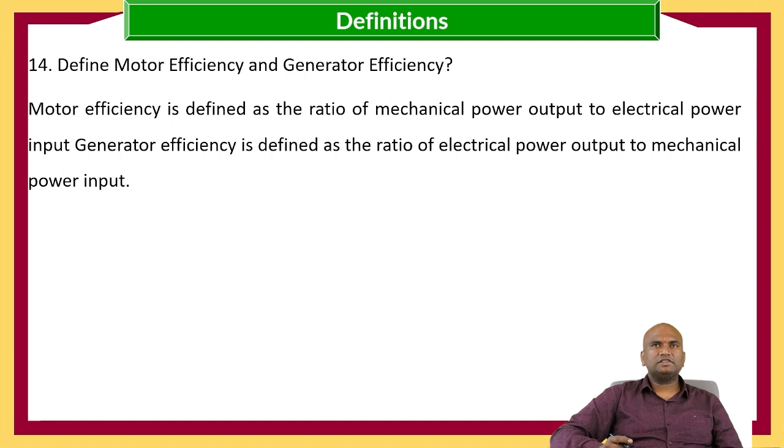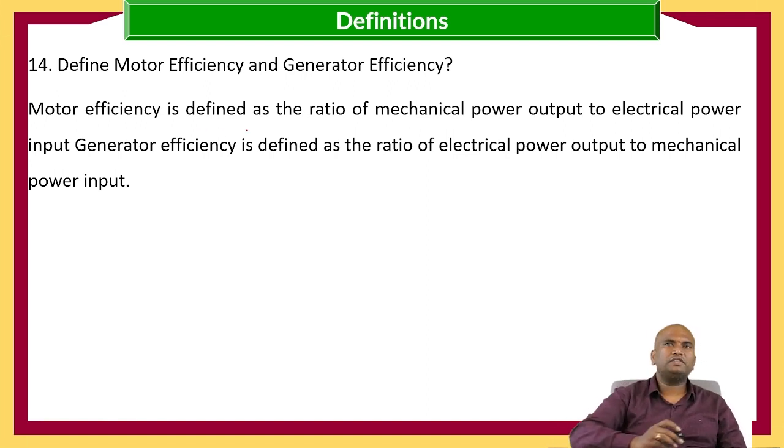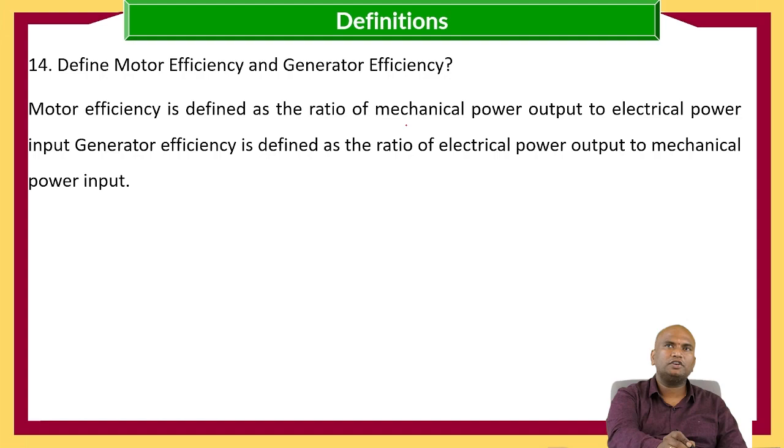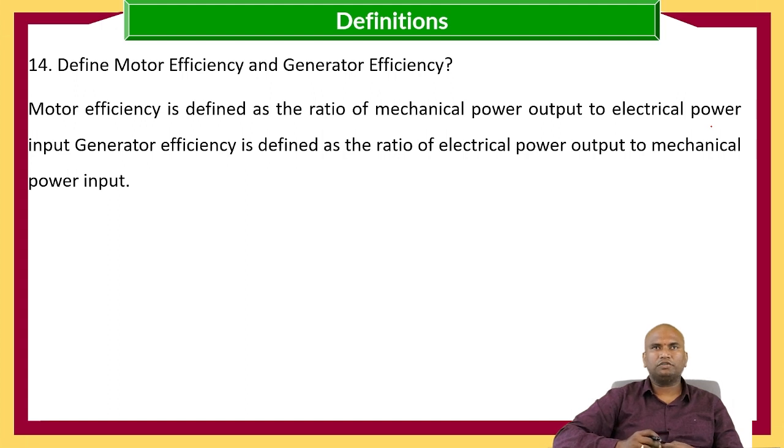Define motor efficiency and generator efficiency. Motor efficiency is the output power divided by the input power. The motor has mechanical power as output and electrical power as input, so motor efficiency is defined as the ratio of mechanical power output to electrical power input.